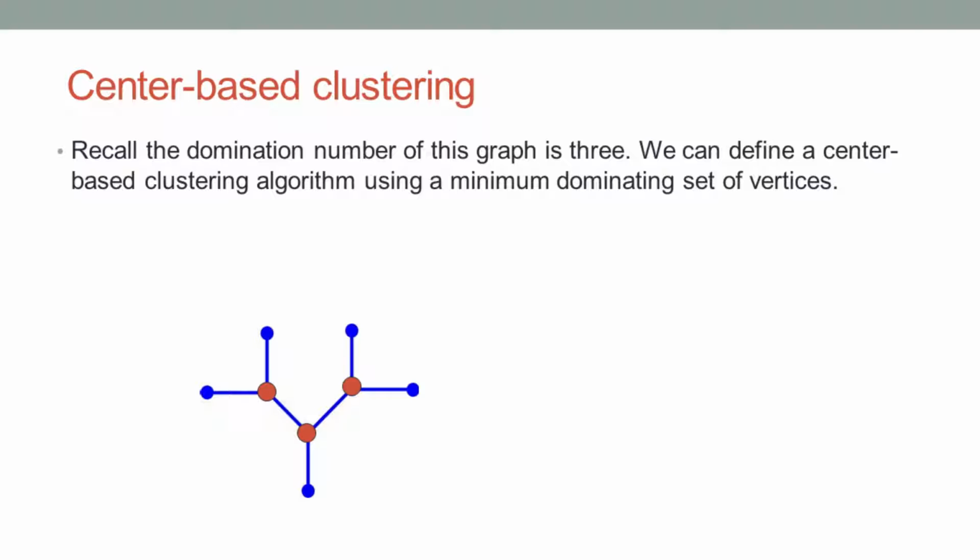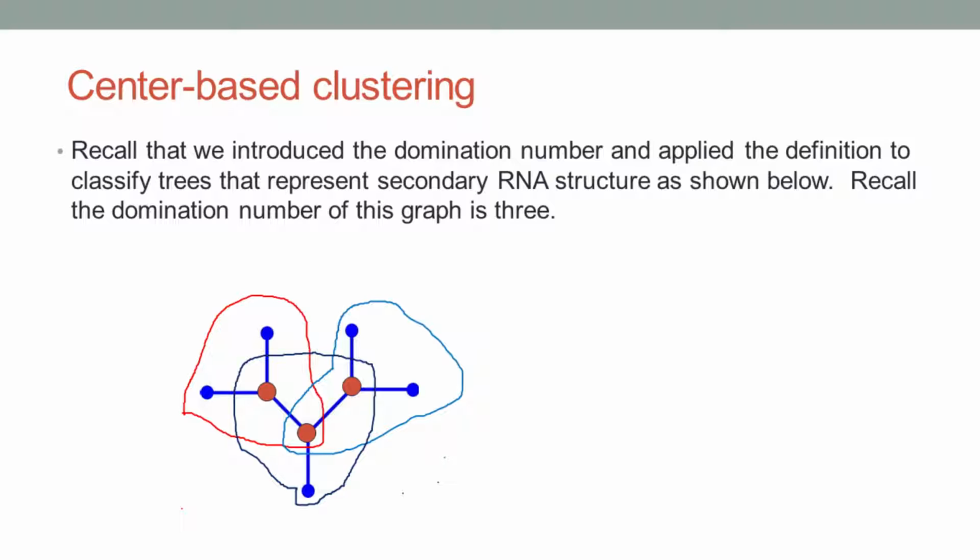One algorithm is that we can associate with each vertex in the dominating set a cluster by taking that vertex and its closed neighborhood. So if we do that, we have 3 clusters, one associated with each vertex.